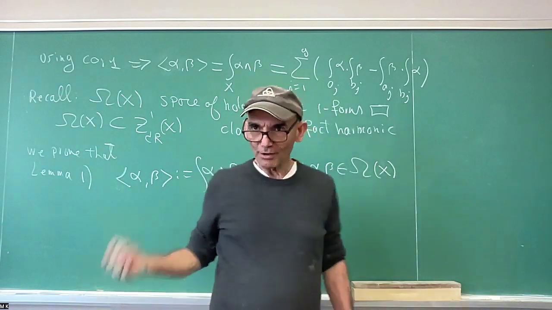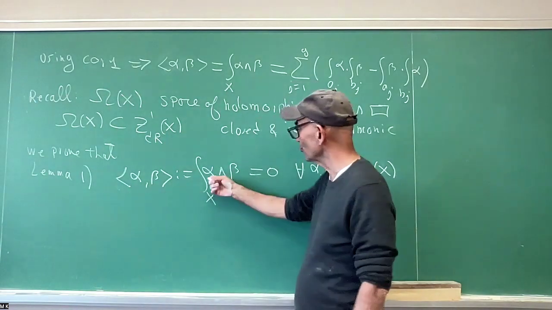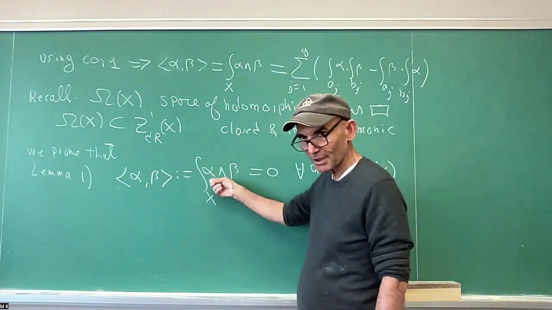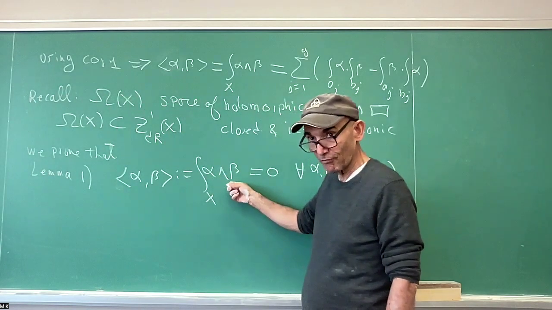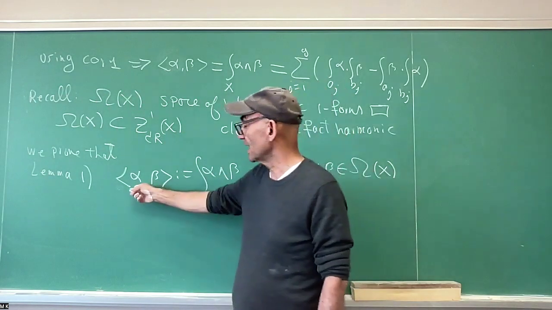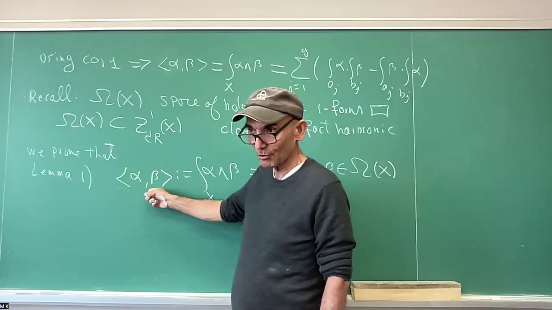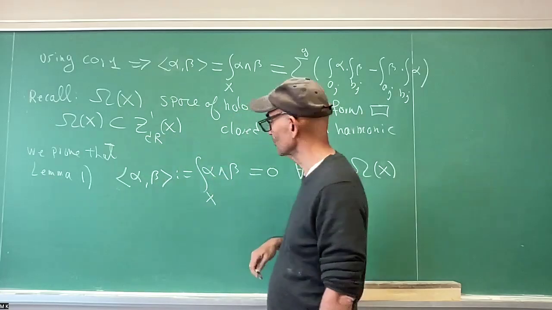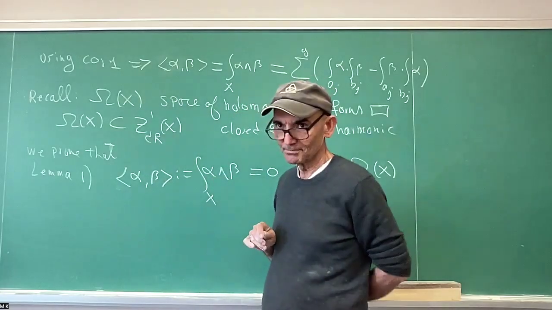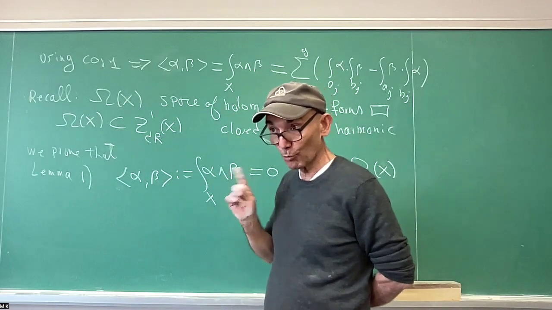So this is really remarkable, right? Because if you have two holomorphic one forms and you take their pairing, according to the formula that I was using today, the pairing is 0 for holomorphic one forms.